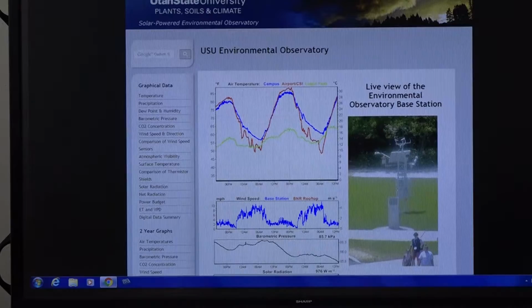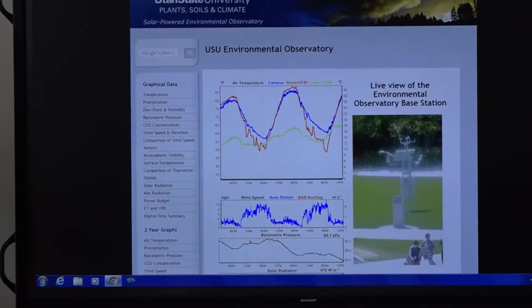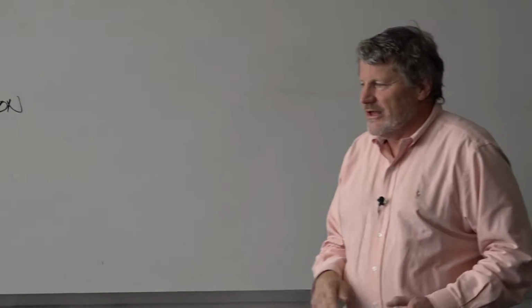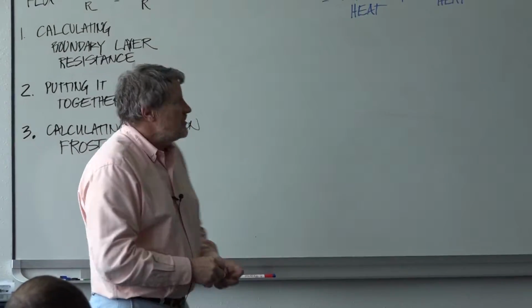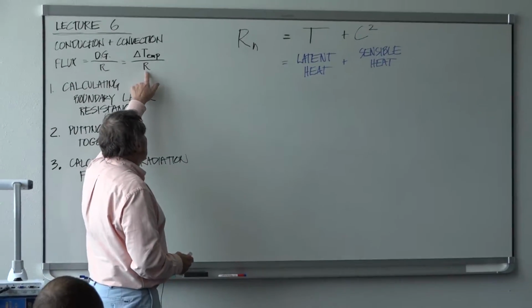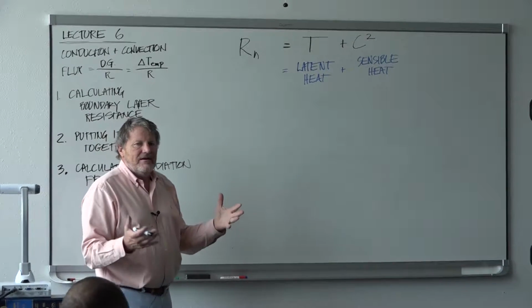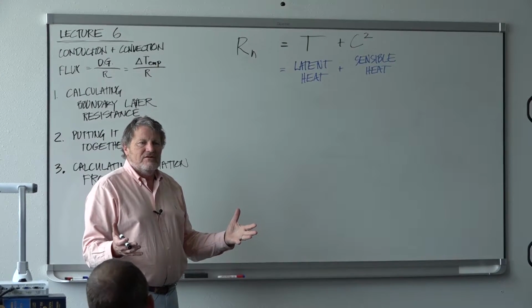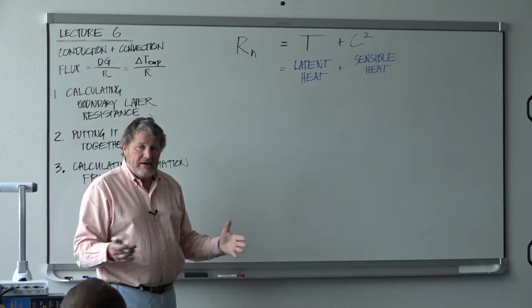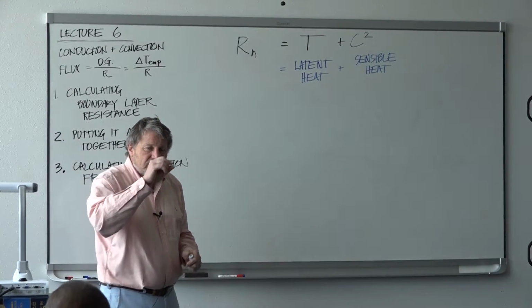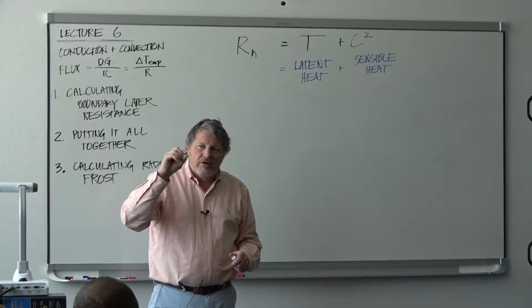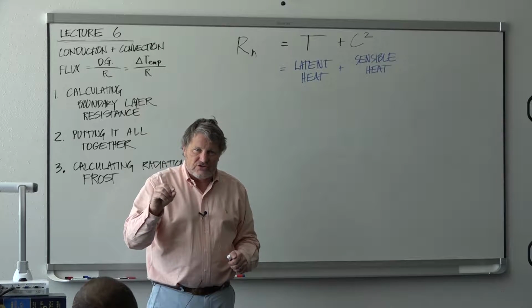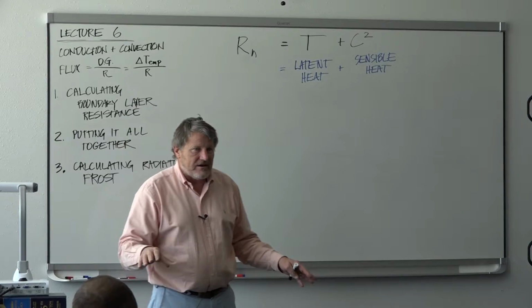All right, back from that sidebar to sensible heat. So the numerator is delta T. The resistance is determined by the thickness of a tiny layer of dead air right next to all surfaces. And everything has that.